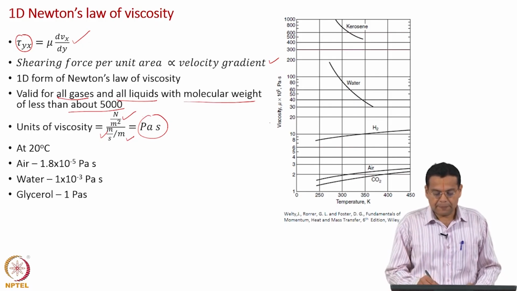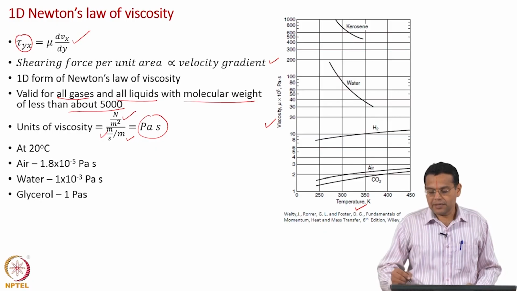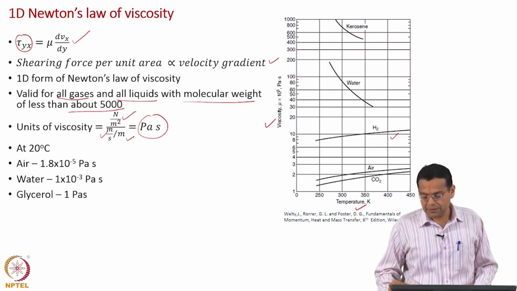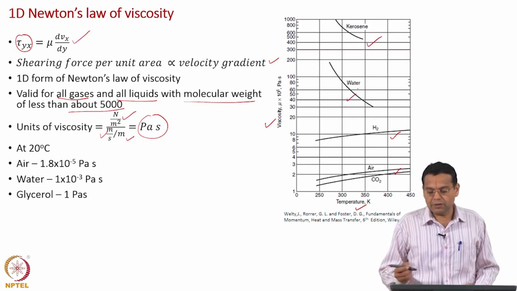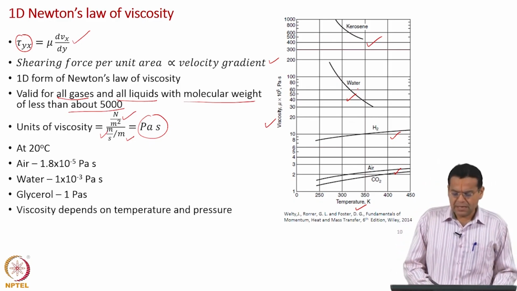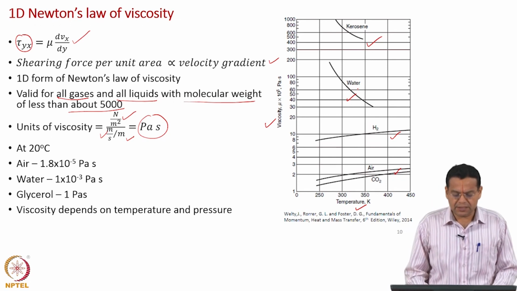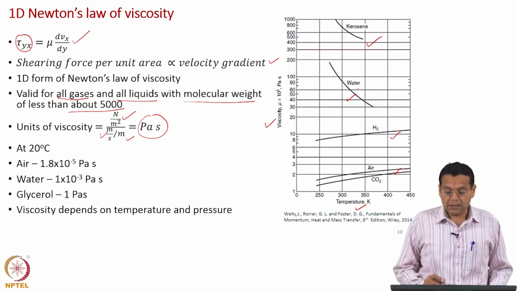The graph shown here represents viscosity as a function of temperature, okay. For gases it increases, and for liquids it decreases with temperature. Okay. So, viscosity depends on temperature and pressure. Of course, pressure dependency is not so significant, but temperature dependency is significant.